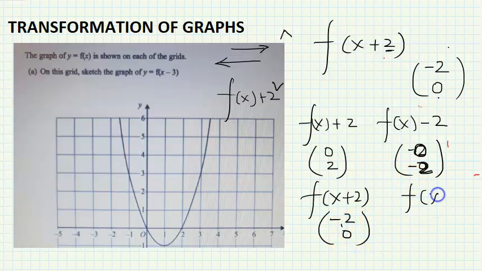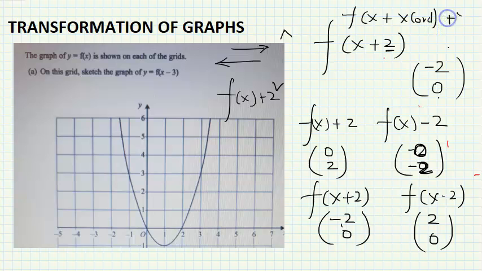And if it is f(x minus 2), the column vector is going to be 2 and 0. So always remember once again, inside is the x coordinate, and outside is the y coordinate. That's how it's going to affect the shape and the coordinate.